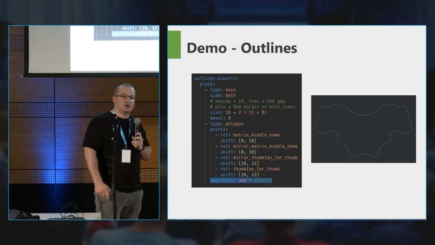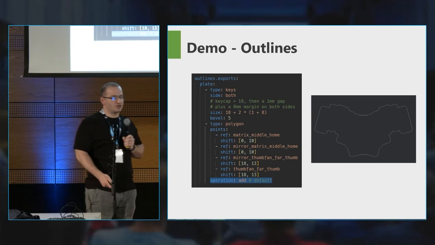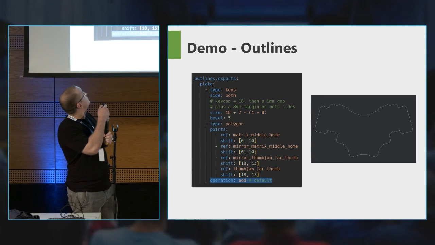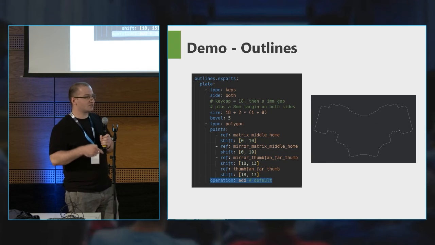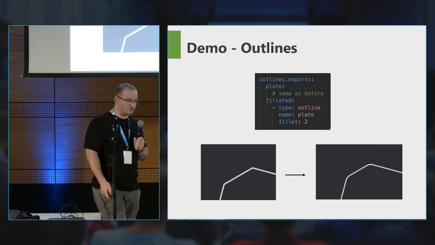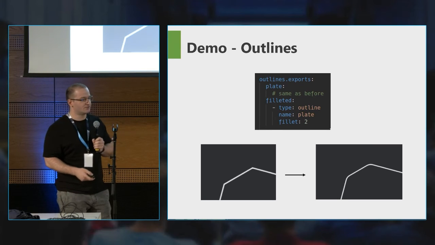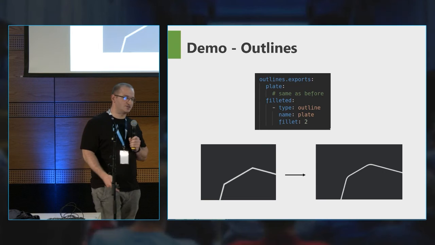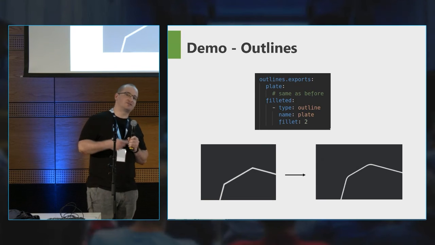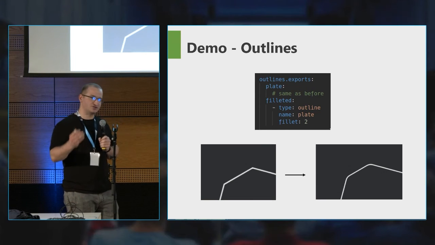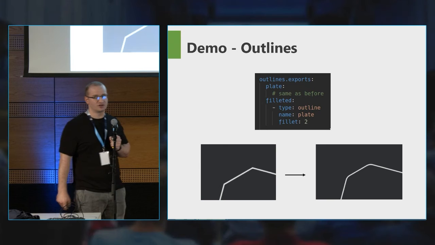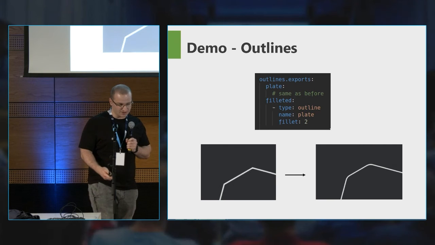Now, if we want to further refine this, we can use existing outlines like this plate one that we just defined as starting points for other shapes. For example, if we define the filleted shape, that can use the plate outline and add an extra fillet operation of 2, which means just the rounding of the remaining hard corners by a 2 mm radius.